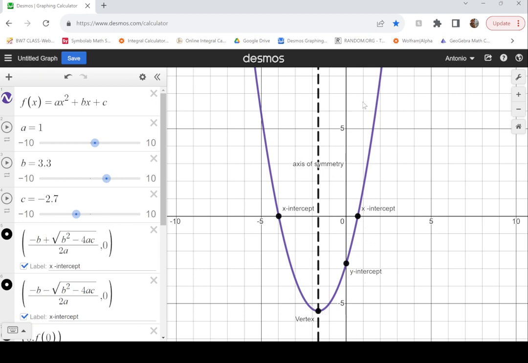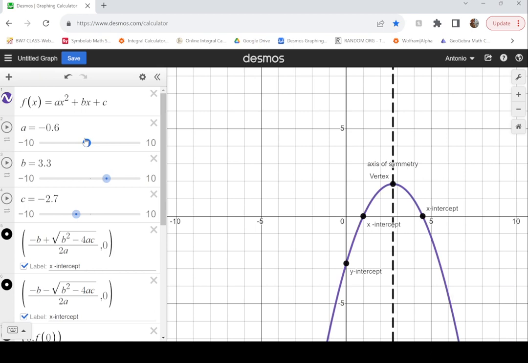Now depending on the value of A, maybe it has a general shape where it looks like this. In this case, it increases, reaches a maximum as opposed to a minimum, and then starts to decrease.